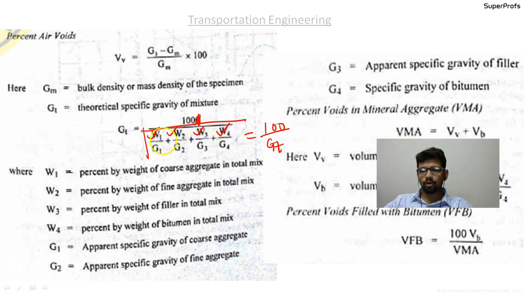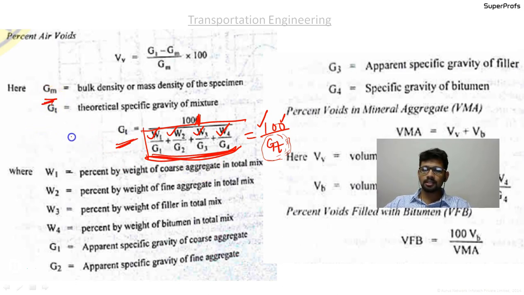Adding all the four constituents, what you get is the 100% weight of the mixture, 100% weight of the concrete. The GT value that you obtain here is the theoretical specific gravity value of the complete concrete, taking into account all these four different constituents with different specific gravities and different percentage weights. This is how you get GT.